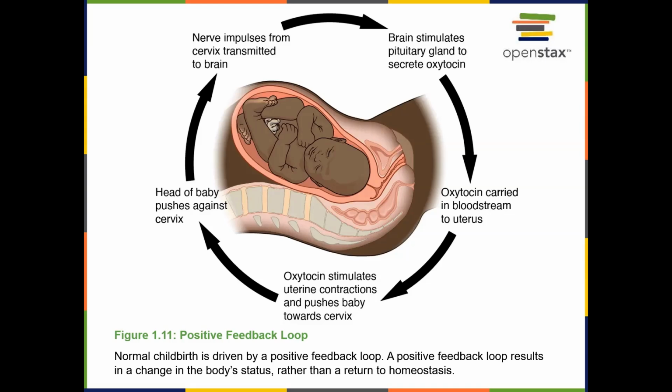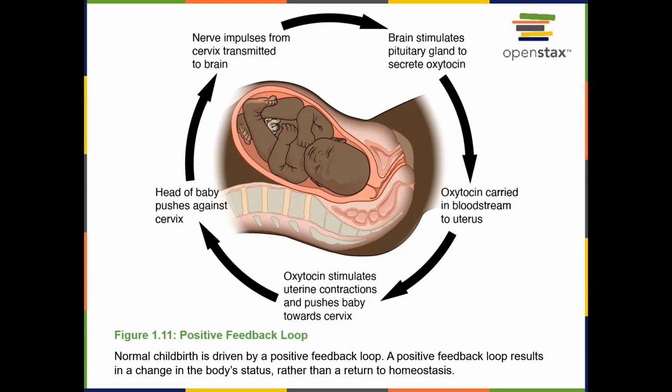This control center in the brain sends commands out in the form of a hormone called oxytocin. The output is oxytocin that travels in the blood from the pituitary gland back to the uterus, where oxytocin stimulates contraction of smooth muscle in the wall of the uterus, the myometrium.